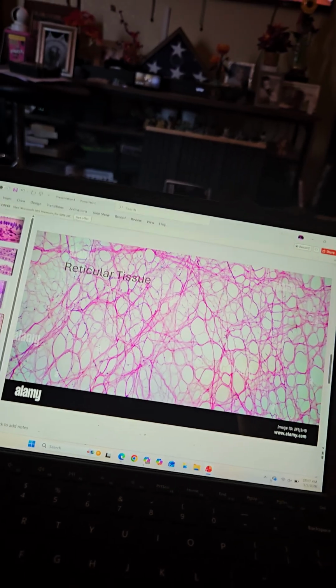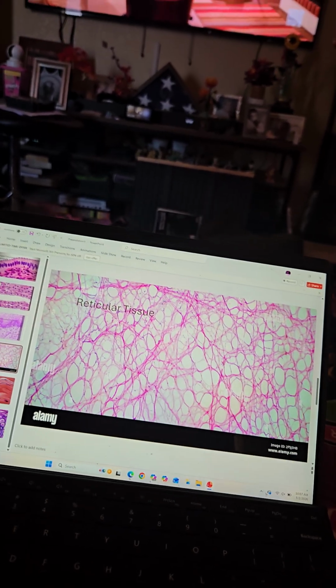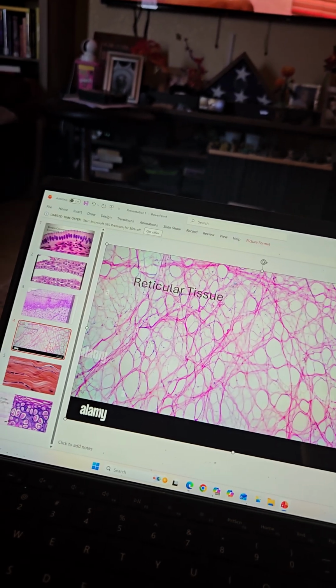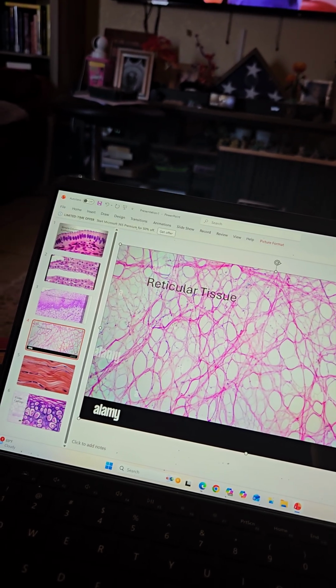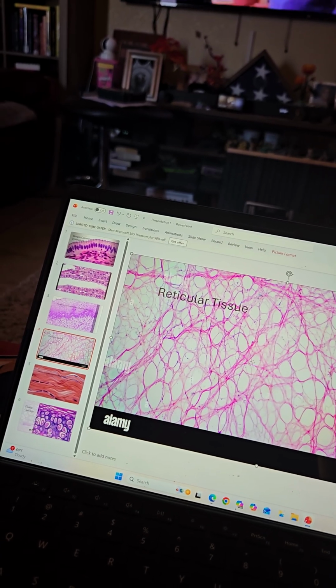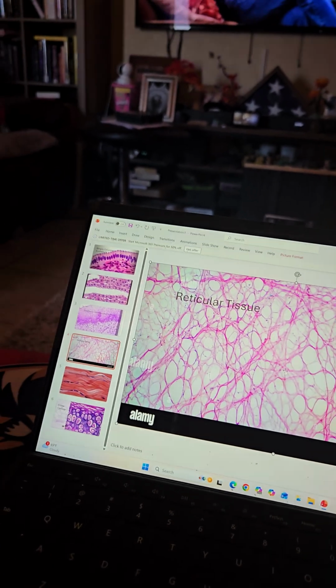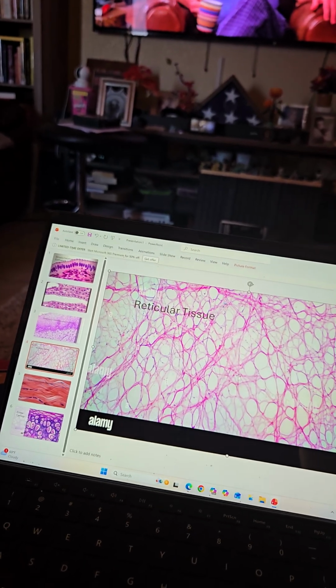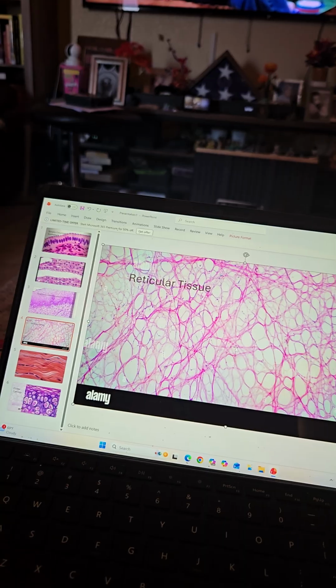So this is the reticular tissue. So this has reticular fibers, which you can see like right here running along everywhere. All of these right here. And this is going to form a supportive framework for soft organs.